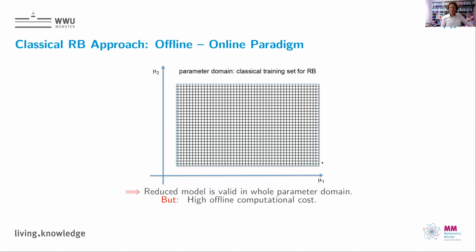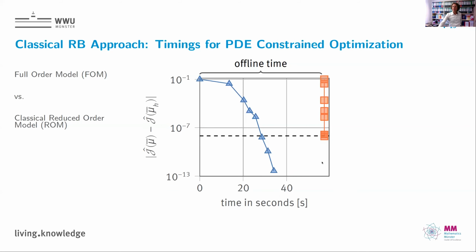If you want to solve instead a PDE constraint optimization problem, then what you typically have is just solving the optimization problem with a full order model. Each step where you evaluate your forward problem, the PDE problem, takes a certain amount of time. And if you follow the full order model, then it converges with some rate.